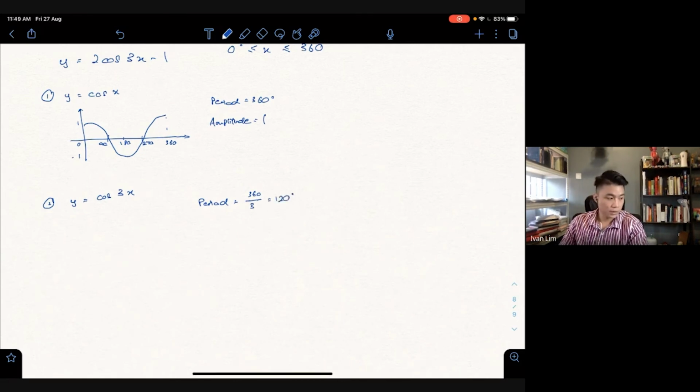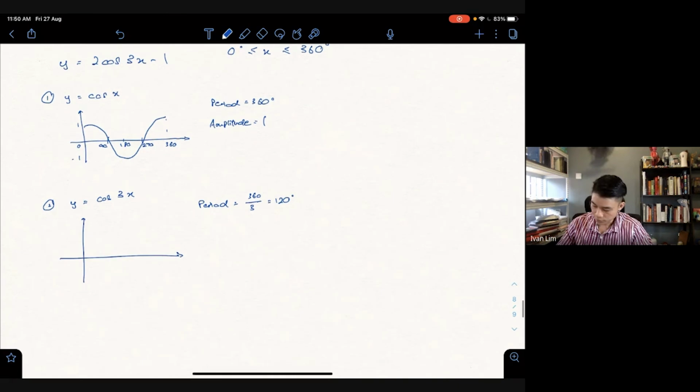That means I will get one whole cycle of a cos graph in 120 degrees. So in 360 degrees, I will have 3 cos graphs. Okay, so I draw a bit bigger. So we'll get 1, 2, 3.